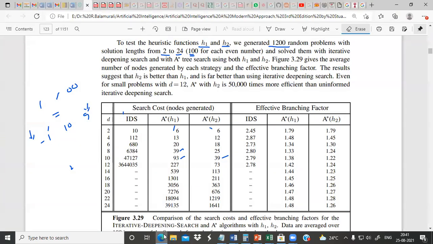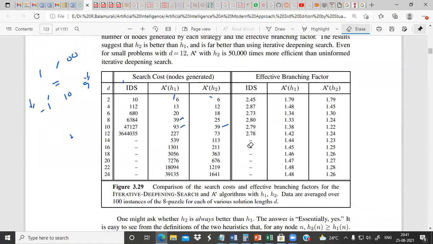So now coming to this table again. What this table shows is the effective branching factor. For IDS, if you see, it is all more than 2.45. The effective branching factor can be calculated for any algorithm. It is just the number of nodes generated to the power of 1 by d at that depth.